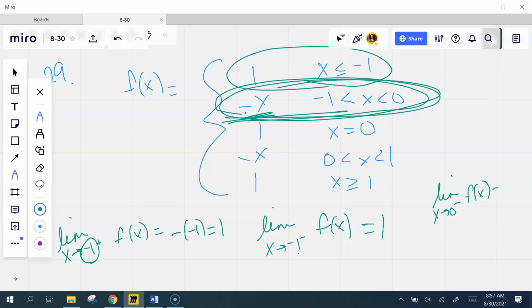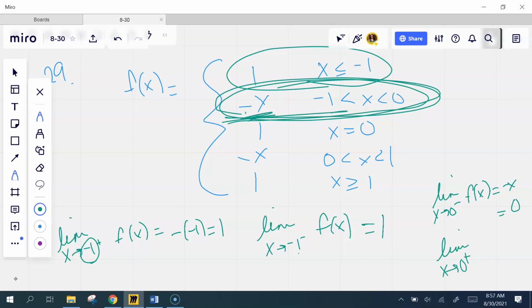So I'm going to say that this is negative x, which in this case is still just 0. Does that make sense? How about 0 from the right? You have to really think about it.